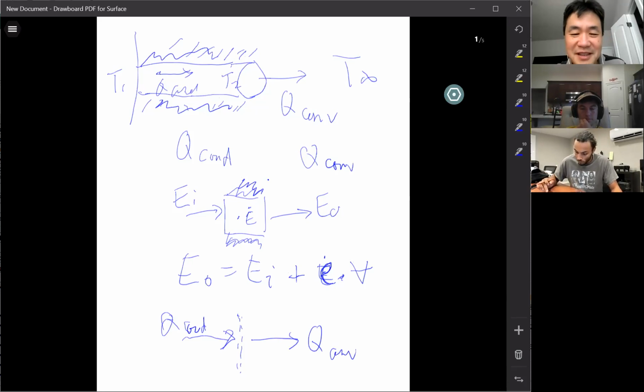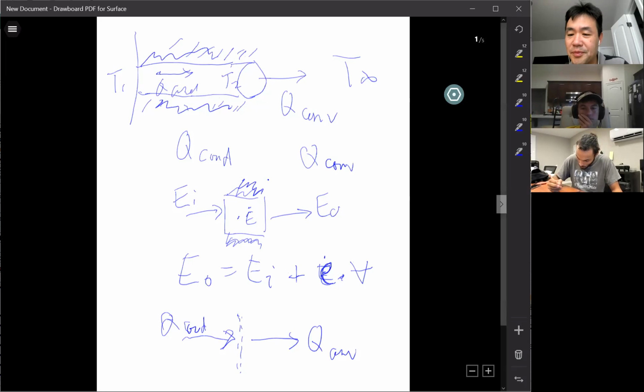But where does the energy generation term go? Well, it doesn't matter. Even if this is the source, even if this thing generates heat from nuclear reaction, whatever, the energy generation is the generation rate times the volume.